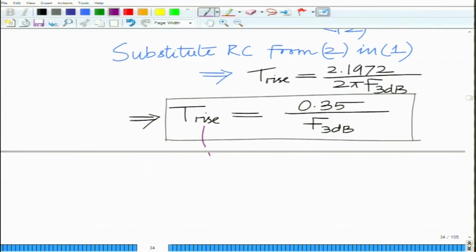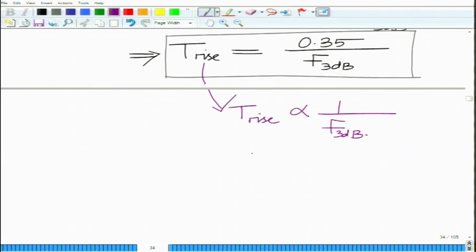On the other hand, if the 3 dB frequency is small, the filter has a very small bandwidth, and the rise time is much larger.